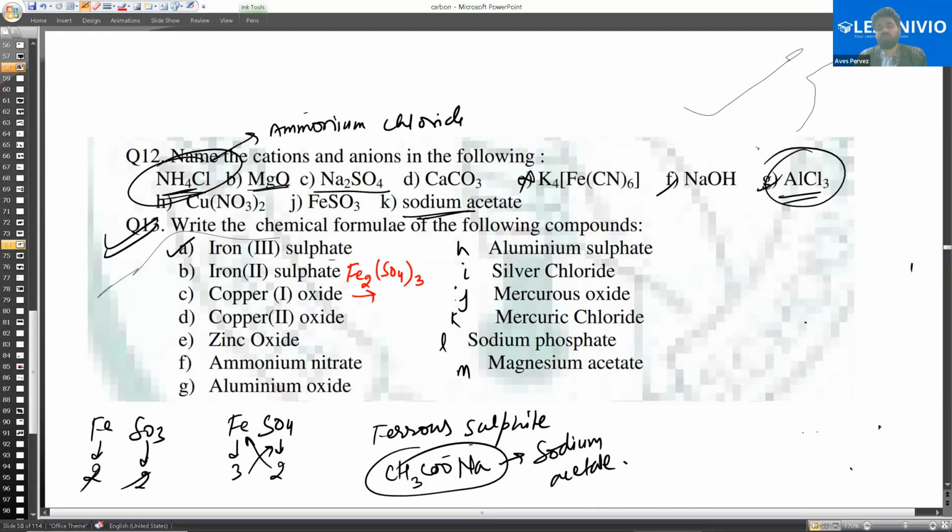Copper oxide, Cu2O. Yes, copper oxide. Next, D. CuO. Yes, CuO, because both are going to have 2, they will cancel out each other. So it will be CuO.